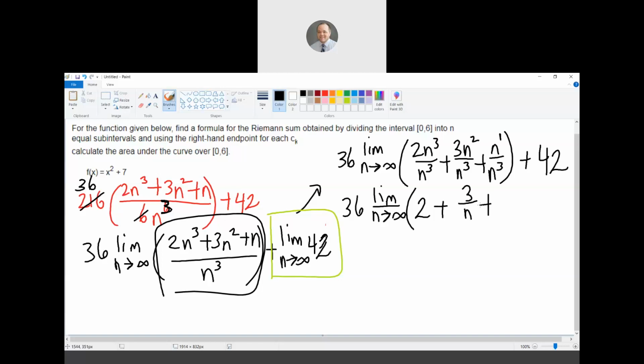And the third fraction reduces to 1 over n squared. Now remember our little rule from earlier: if you have any non-zero number over infinity, then that's pretty much guaranteed to get close or equal to 0.